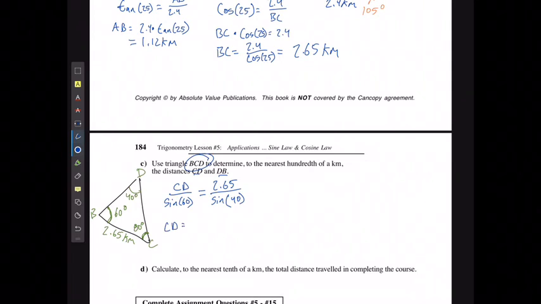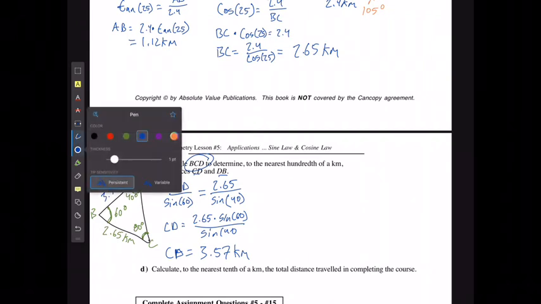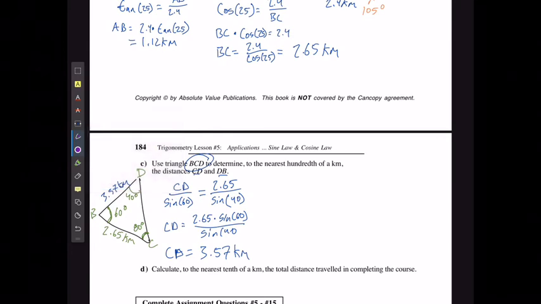CD is going to equal 2.65 multiplied by sine of 60 divided by sine of 40, which means that CD is going to approximately have the length of 3.57 kilometers. That was CD.